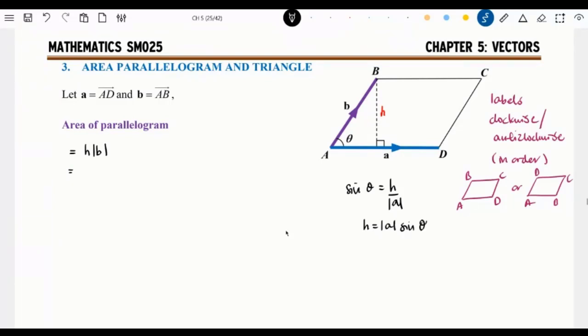So kita akan gantikan dekat h di sini. So we have it magnitude A, magnitude B, sin theta. So ini formula apa ni? Magnitude B, magnitude A, sin theta. Formula untuk vector product. Vector product. Good.